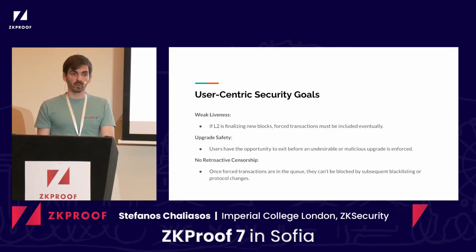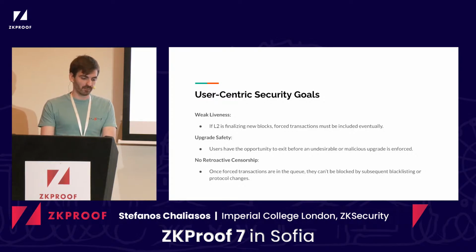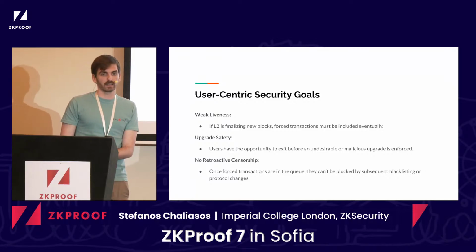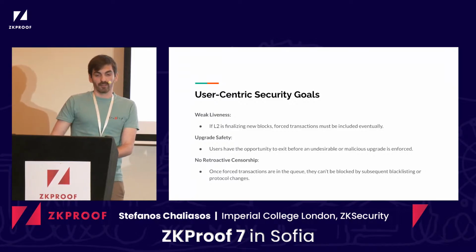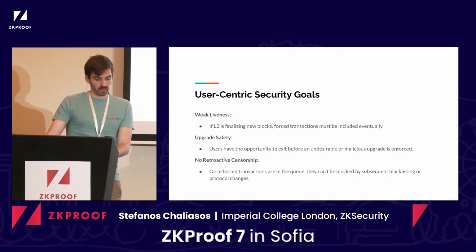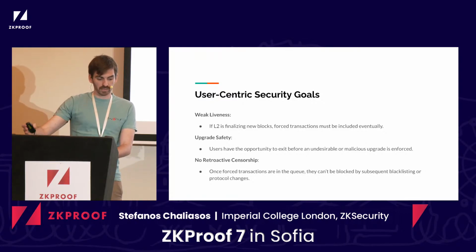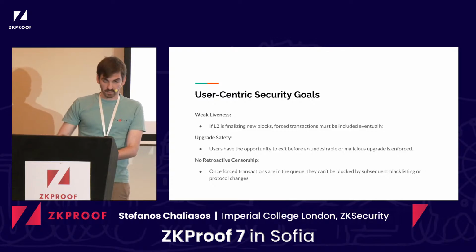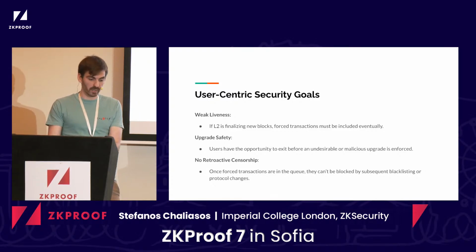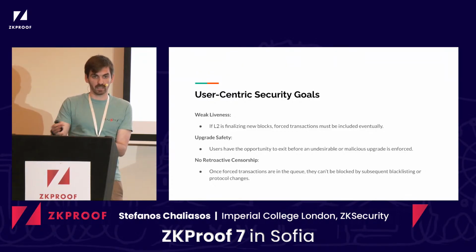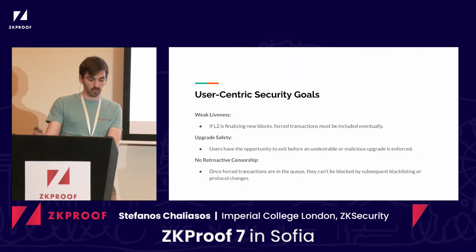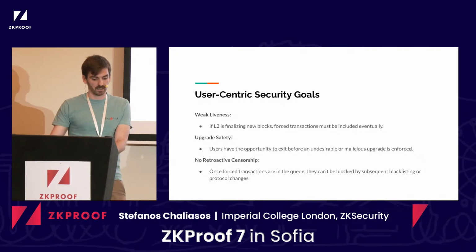So our goals are to provide weak liveness to users, meaning that if L2 finalizes new blocks, then user transactions will eventually be included. The second property is that upgrades should be performed with a safety mechanism, meaning that users have the opportunity to exit before an undesirable or malicious upgrade is enforced.